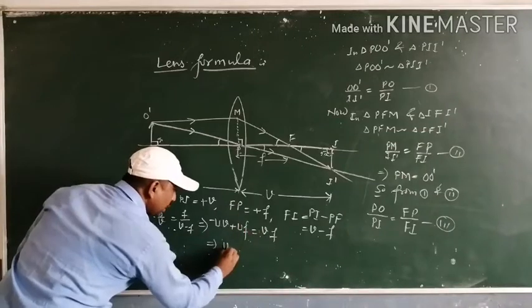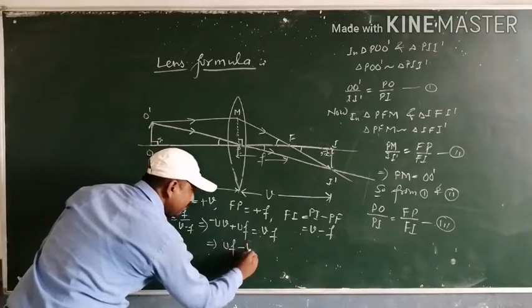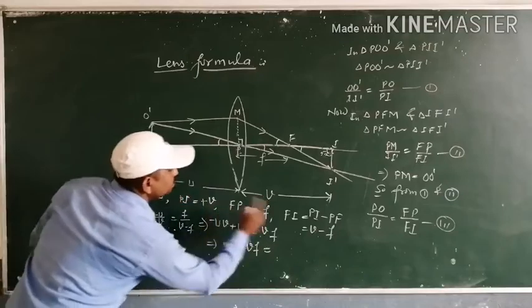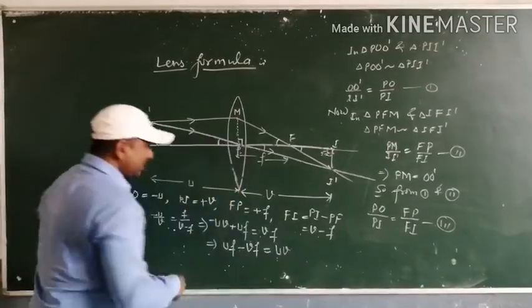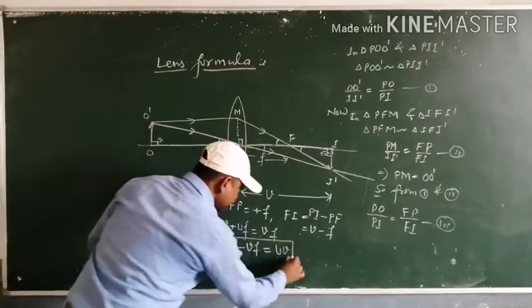So we write UF minus VF equals UV. This is the required relation.